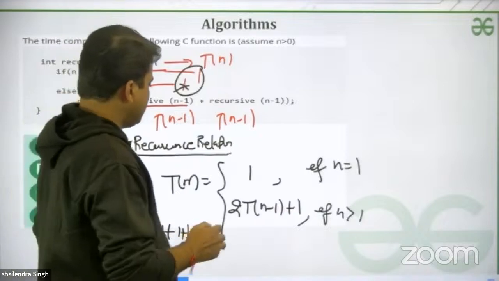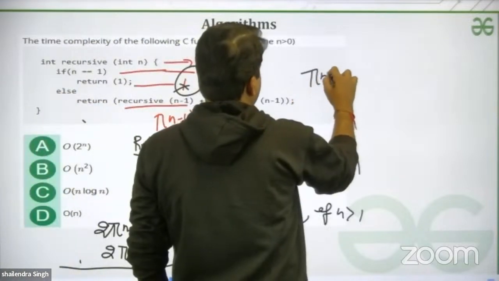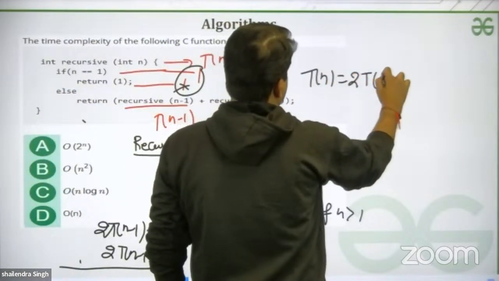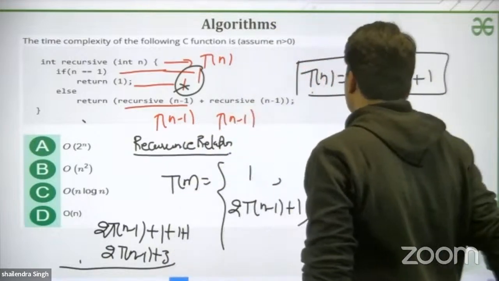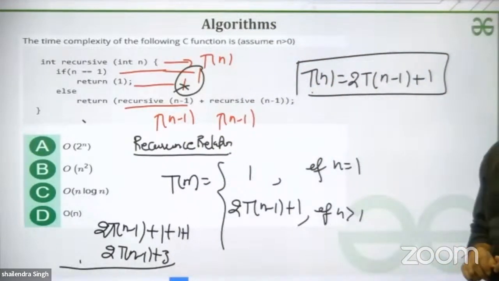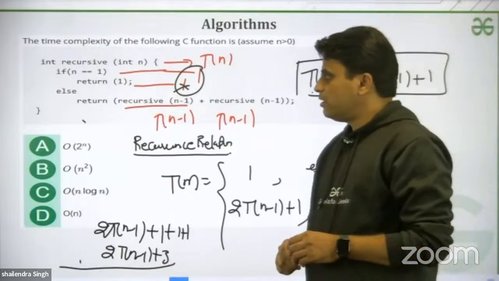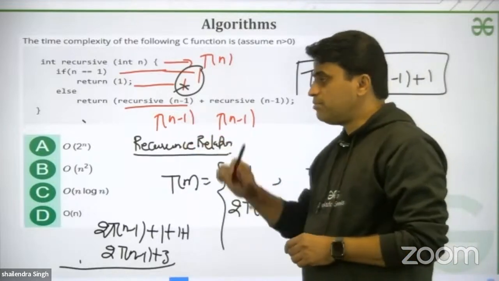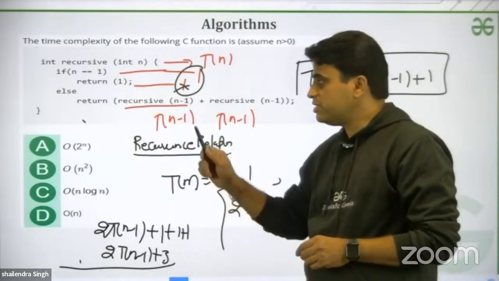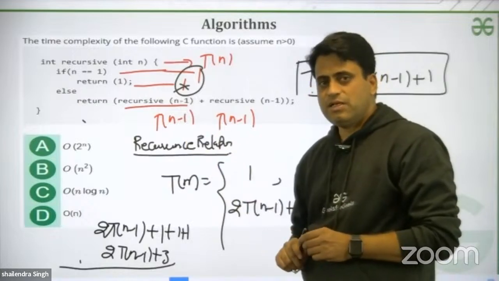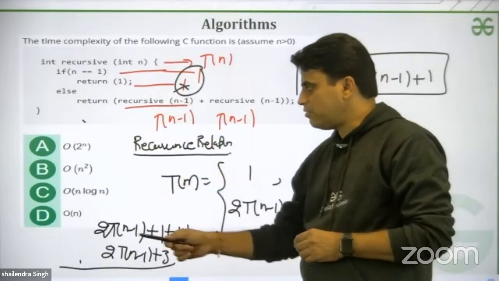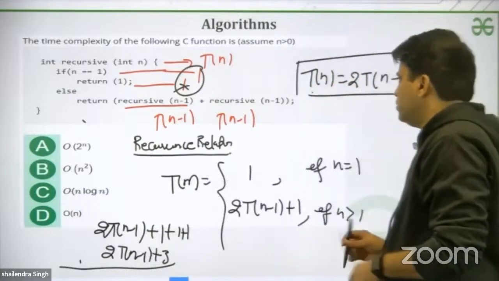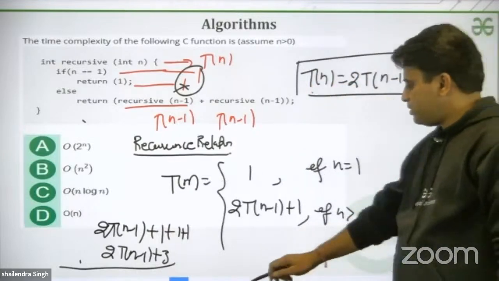So now you got a recurrence relation T(n) = 2T(n minus 1) plus 1. Now solve this recurrence relation, आपको आंसर मिल जाएगा. Remember it, if algorithm is recursive, then first find a recurrence relation and solve it. The solution of recurrence relation is the answer of complexity of algorithm.